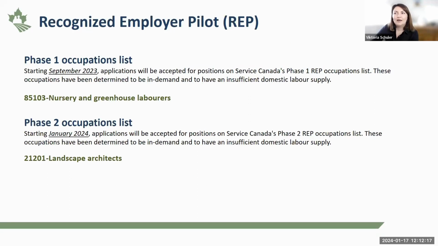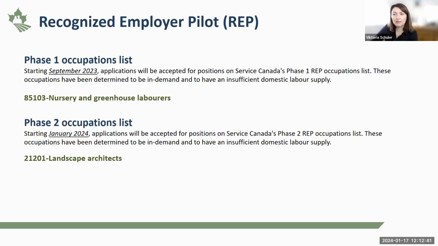And this is the slide about the recognized employer pilot. In order to assist employers with the LMIA application, especially employers that have been submitting their LMIA application every year, and in order to decrease the administrative burden, the Canadian government announced the so-called recognized employer pilot.